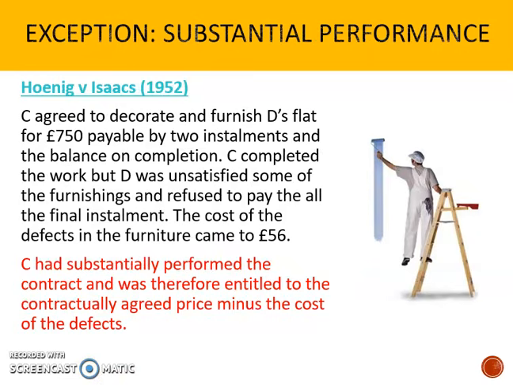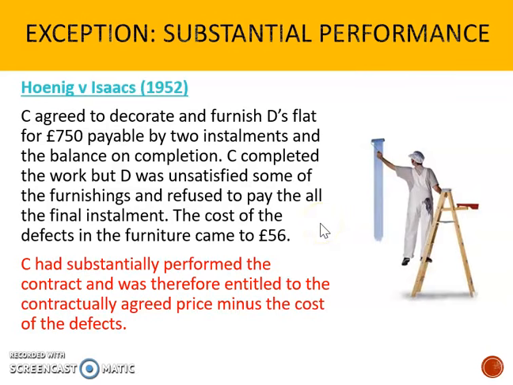A case that illustrates this exception to Cutter and Powell is Honig and Isaacs. Here the claimant was decorating and furnishing the defendant's flat for £750. He completed the work, but our defendant wasn't happy, and there were defects in the furniture that amounted to £56. Now, if we applied Cutter and Powell strictly here, because he hadn't performed the contract entirely because there were defects, he would have been entitled to nothing under Cutter and Powell.